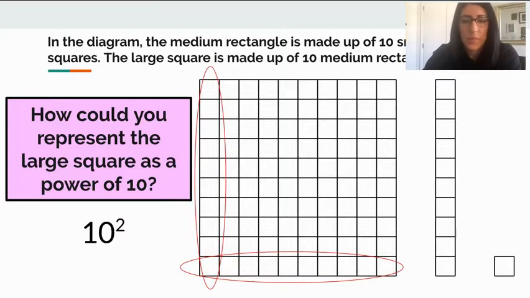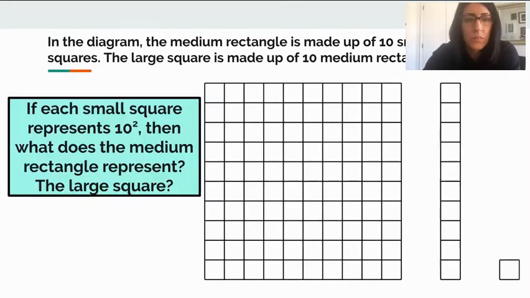Okay, so let's keep going because it'll all start to piece together. Let's pretend that each small square represents 10 squares. So you have to separate this idea of each one being an individual single square, because now they're going to each represent something different. So the one that's circled red represents 10 squared.